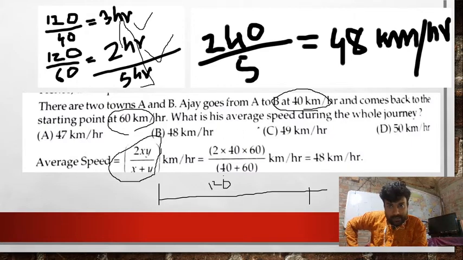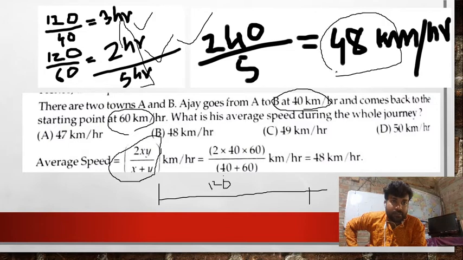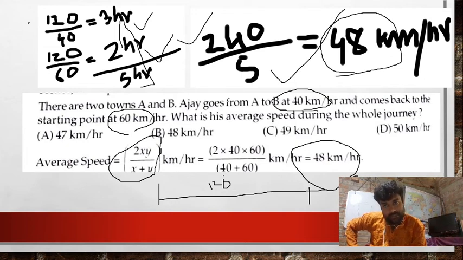He goes and comes back, so the distance is 120 into 2, 240. With the equation you get 48 kilometer per hour. Same answer here too. So it is very easy, and we can do the same thing this way.